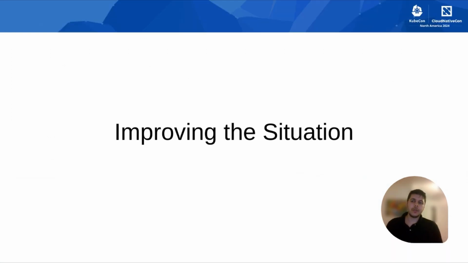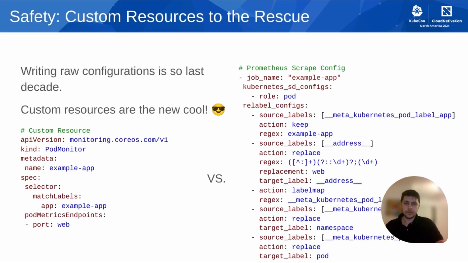Okay, so how can we improve some of those other problems, or some of the problems with disks as well? Well, the first problem I mentioned is that the data is untyped, so a typo can easily break your application. You might not notice right away. So how can we prevent that? One of the ways is to have a custom resource. In this example, we have Prometheus.